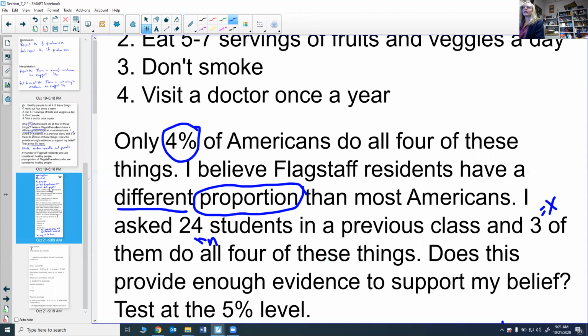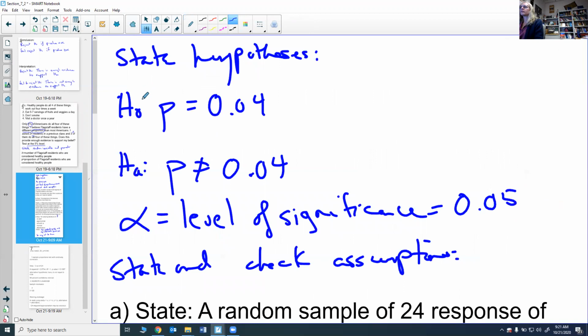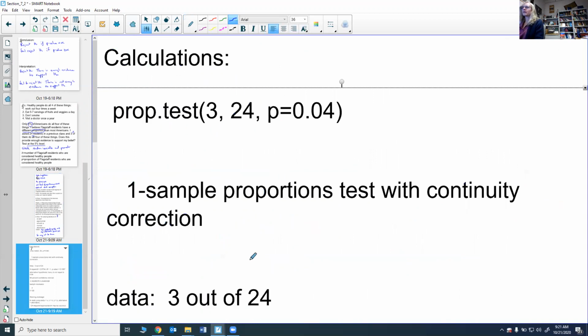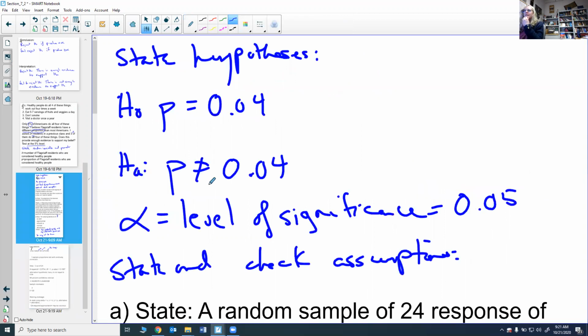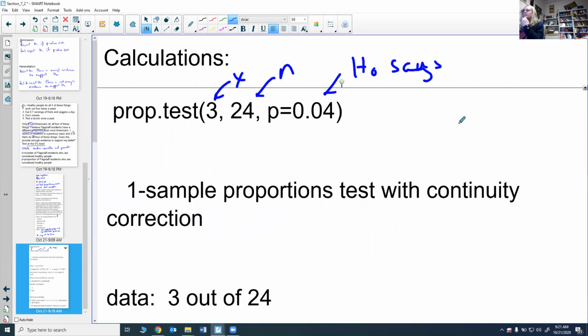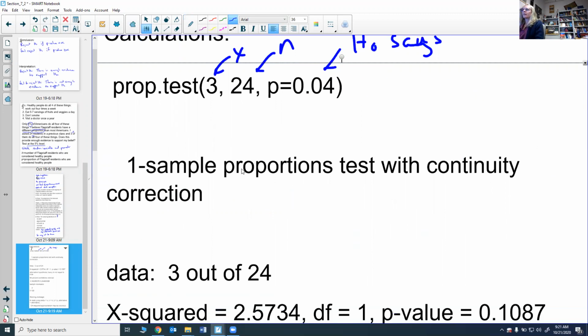And then we are assuming H0 is true, that says it's 0.04. So this is our X, this is our N, and this is what H0 says. I didn't put in an alternative equals because our HA, in this case, was a not equal to. So since we had a not equal to, we don't need that alternative equals because R just assumes it's not equal to. And we can check all that.